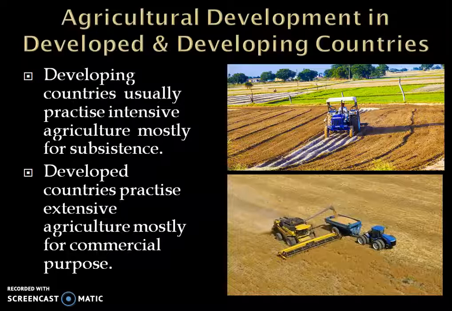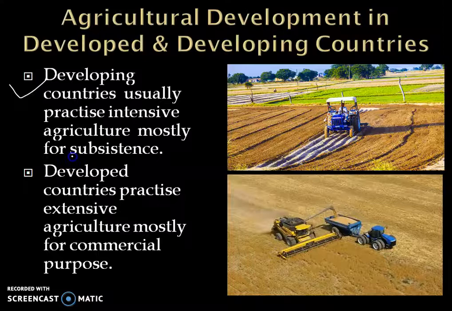Agricultural development has taken place in different ways in developed and developing countries. Developing countries with large population usually practice intensive agriculture. Crops are grown on small land holdings and mostly for subsistence.